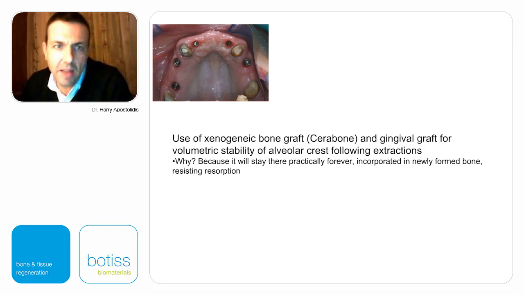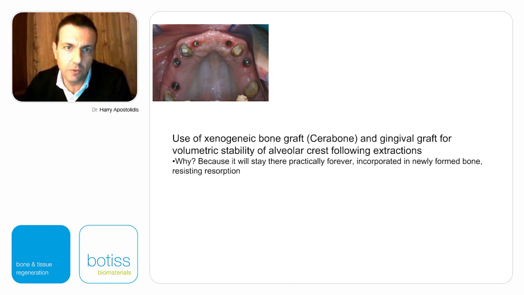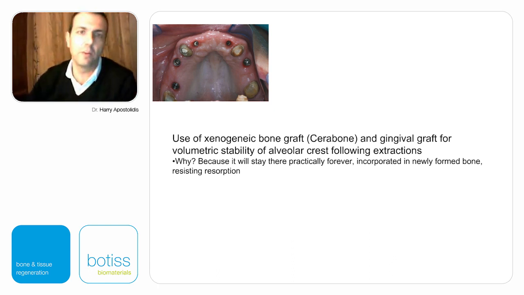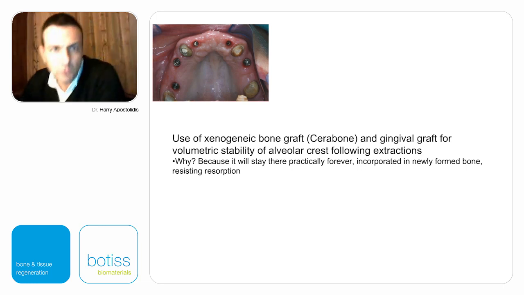So in a case like that, where we have placed 5 implants here, and the canines are going to be extracted, what do I want to do? I want to preserve these canine eminences for afterwards, when we have the final prosthesis, to have nice aesthetic results.